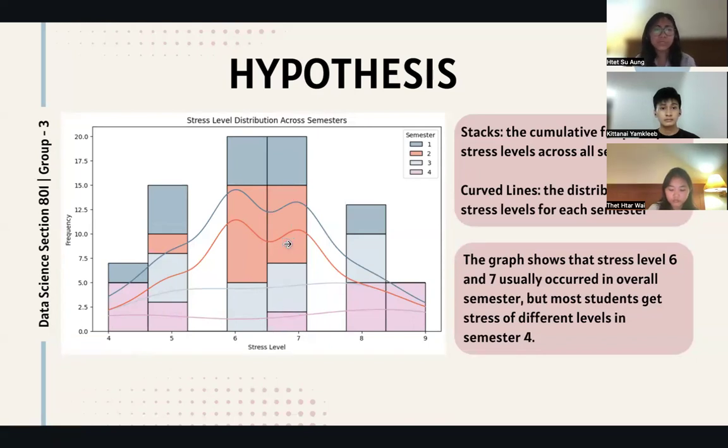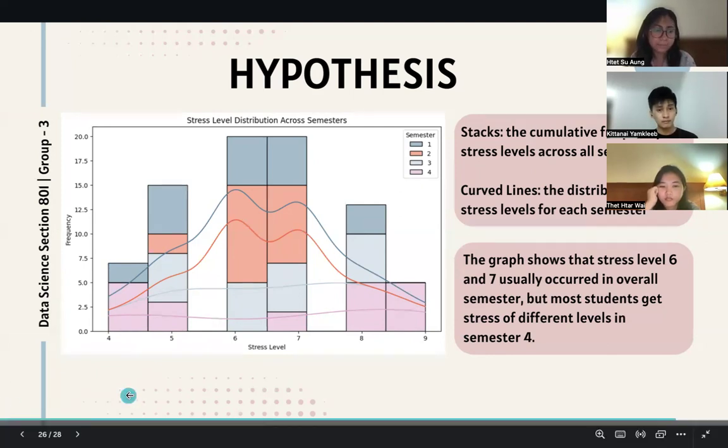And we have the pink color at different stress levels, which is semester 4 having, as I said before, various stress levels for the students.